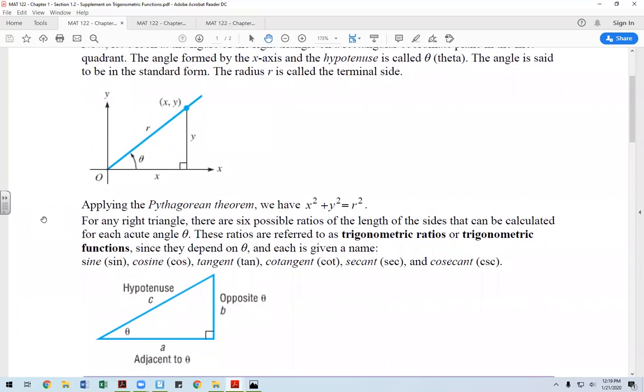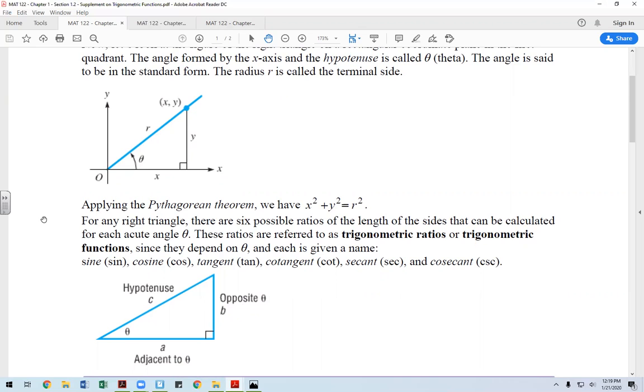So using that Pythagorean theorem, we're coming up with x squared plus y squared equals r squared. Now remember, again, as I said earlier, your r happens to be 1 when you're talking about a unit circle. But of course, the beauty of right angled trigonometry is it doesn't mean it only works for a unit circle, right? That will work for any right triangle.